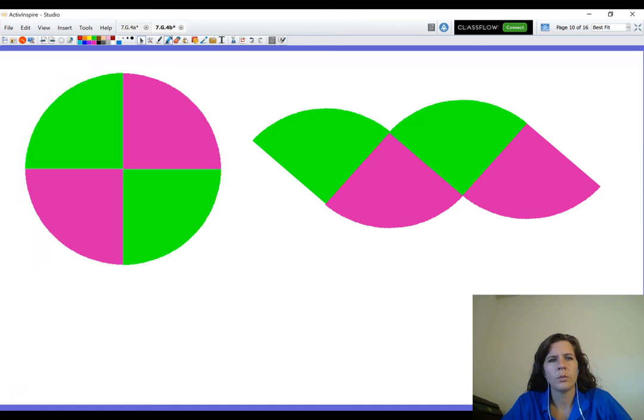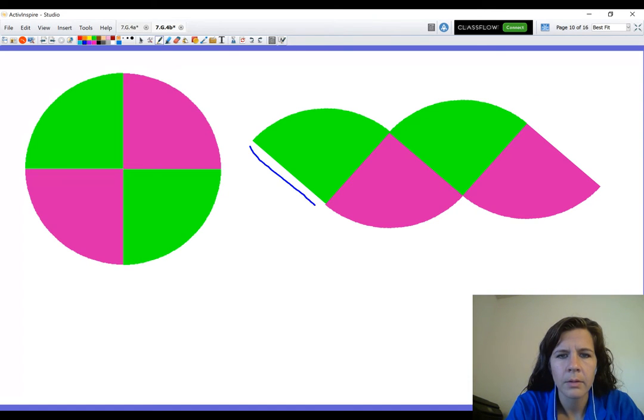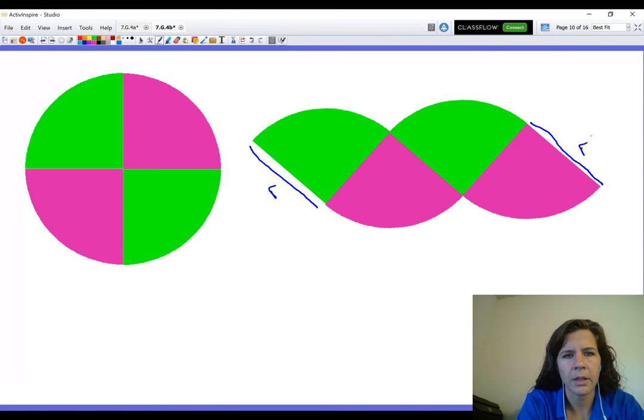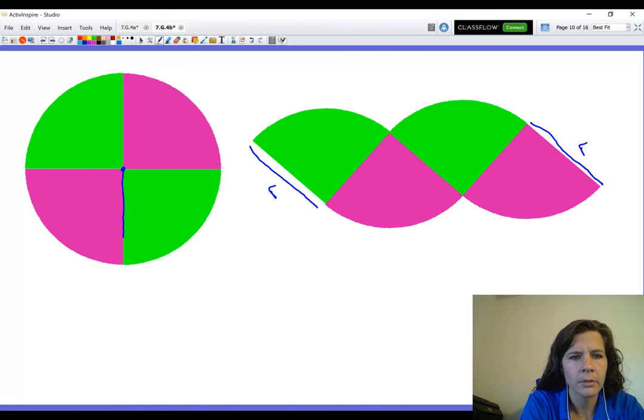Okay, so now when we make that wave, this piece right here, this pink side, is the radius, right? Because it goes from the center down to the edge of the circle.